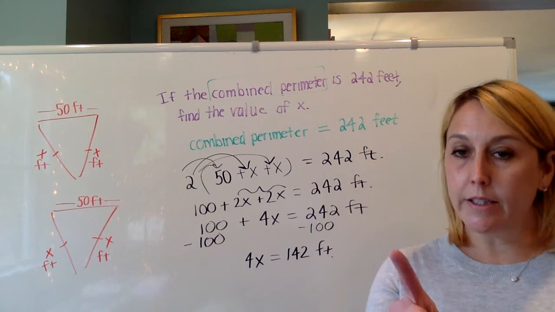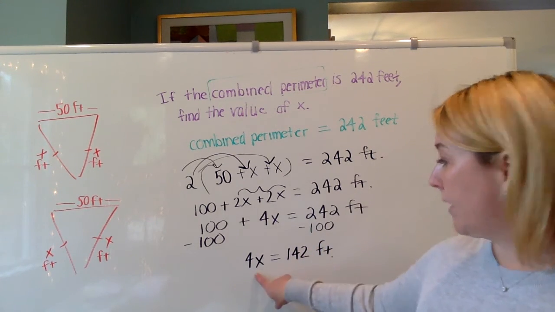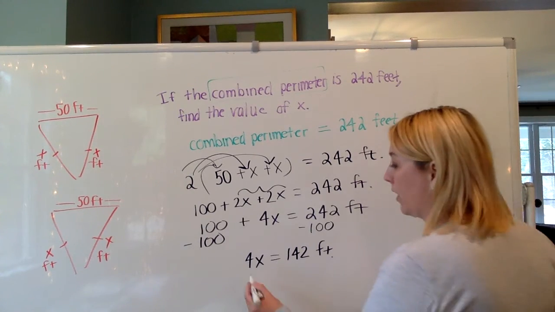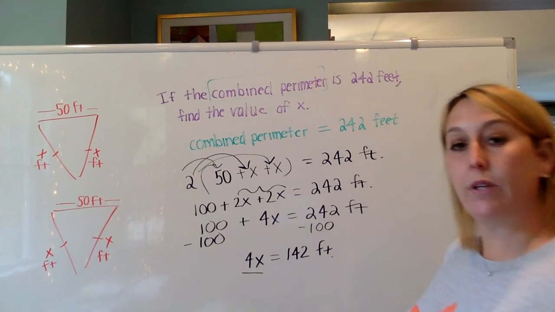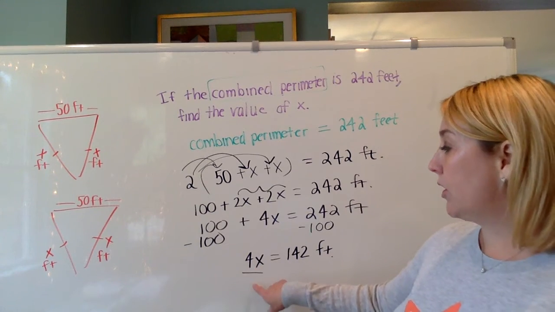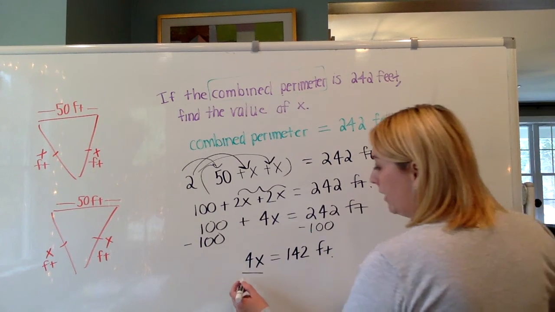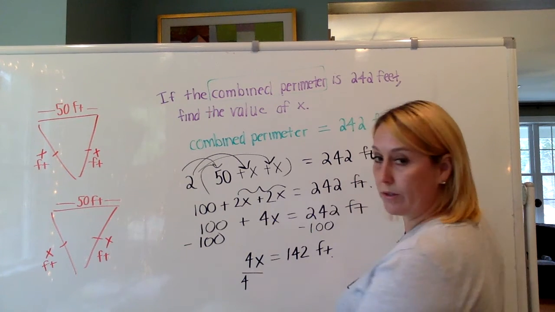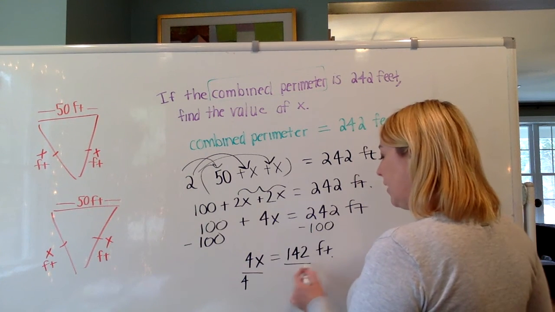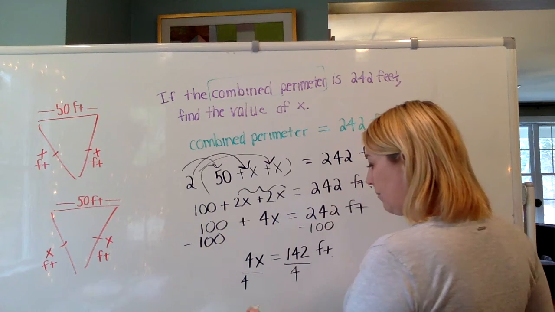Am I done? I am not done, because x has a coefficient of 4. When it has a coefficient with multiplication, you do the opposite of multiplication. You do the inverse operation, which is dividing, because 4 divided by 4 is equal to 1. So x is equal to 142 divided by 4.